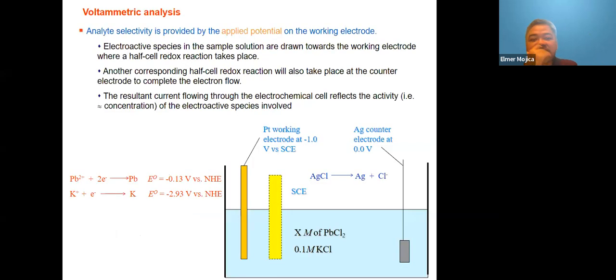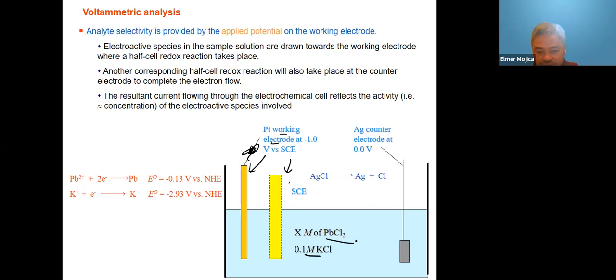So if you're going to look at the voltammetric analysis here, this is another way to represent. So this is your indicator electrode. This is your reference. Oh wait, this is the working electrode, okay? This is the reference and this is the indicator electrode. So if you're going to look at here, yung 0.1 molar KCl mo, yun yung supporting electrolyte.